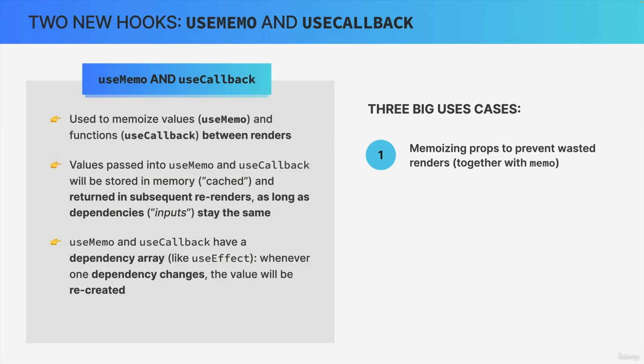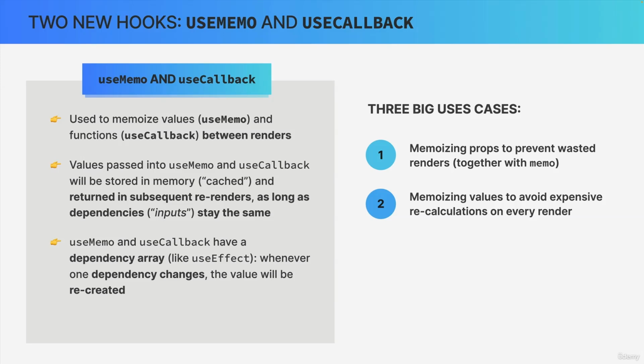So the second use case is to avoid expensive recalculations on every render. For example, you might have a derived state that is calculated from an array of 100,000 items. Now, if your component re-renders all the time, then React needs to do this expensive calculation over and over again each time there is a render.